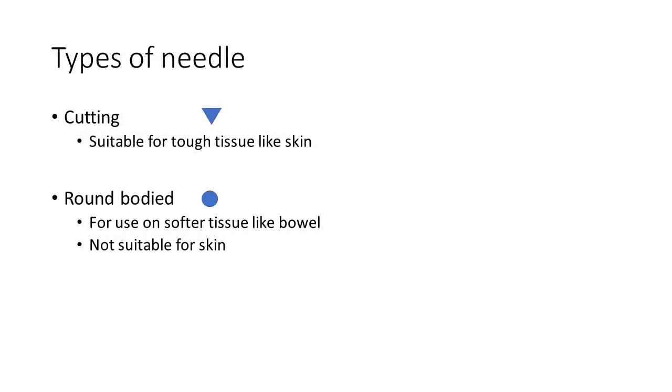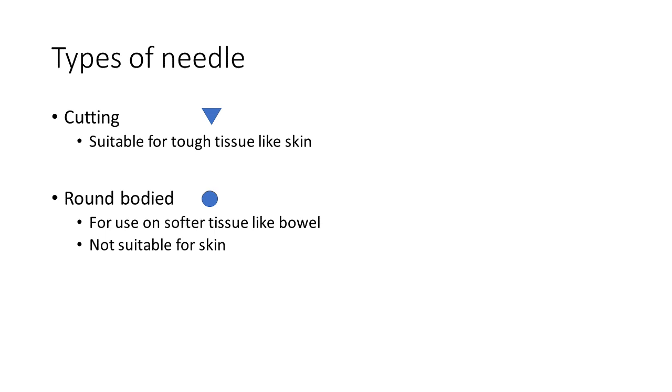Needles come in a variety of sizes, and generally the appropriate size of needle will already be attached to the suture material. There are, however, a variety of types of needle. The one that you should use for skin is a cutting needle, and you can see this on the packet.